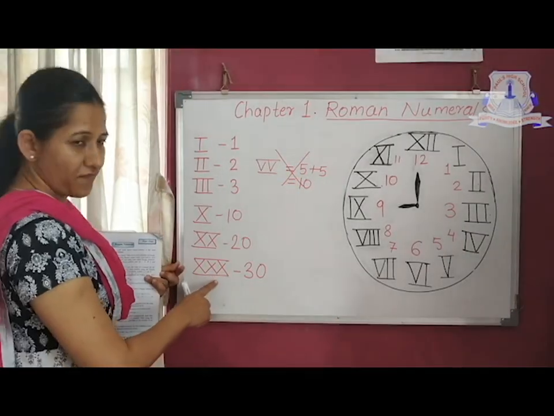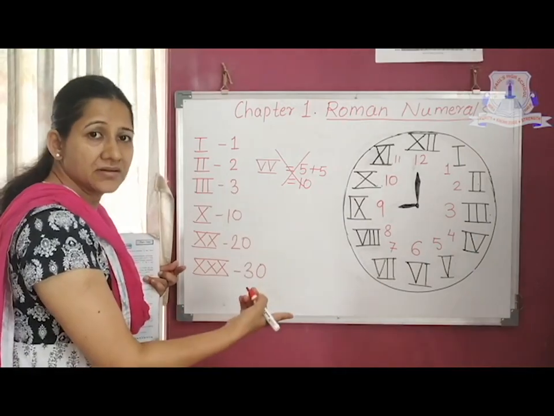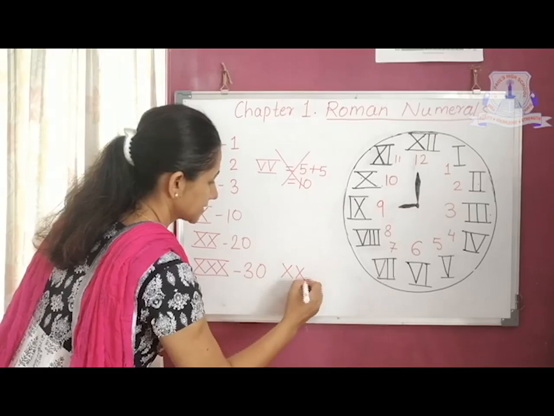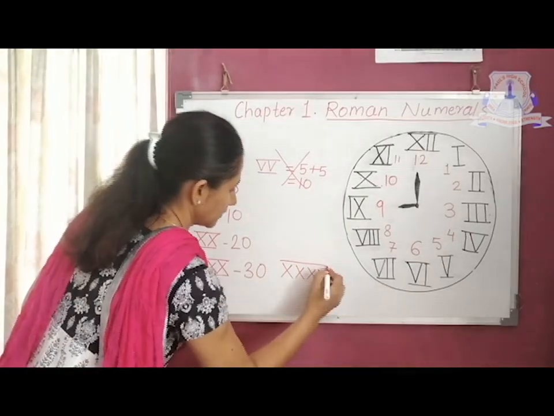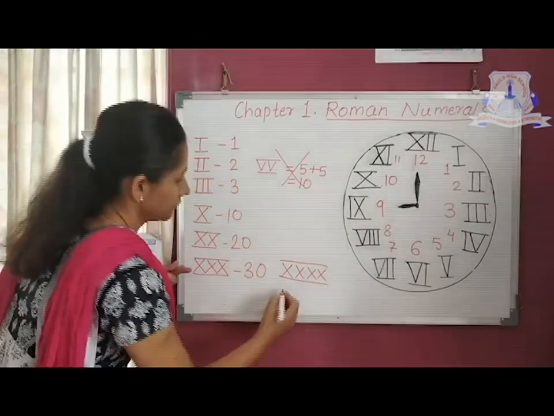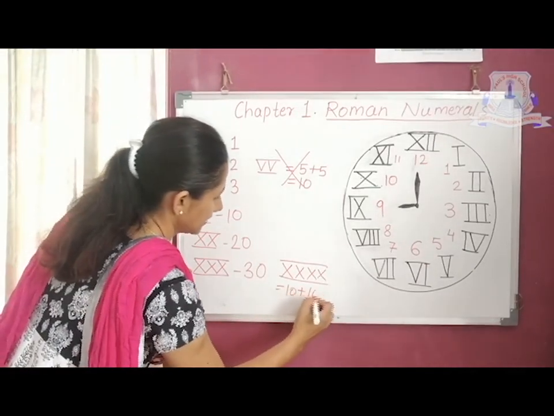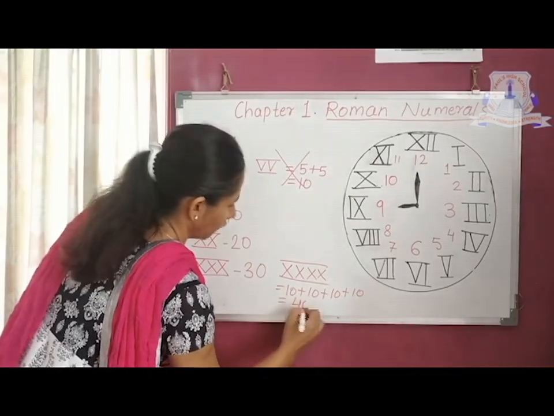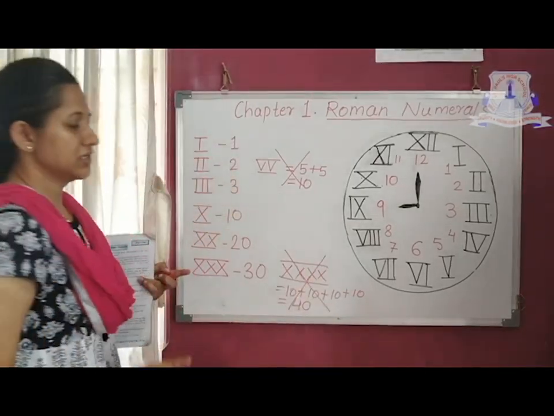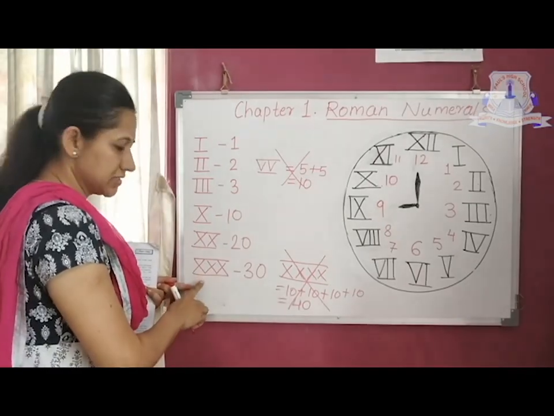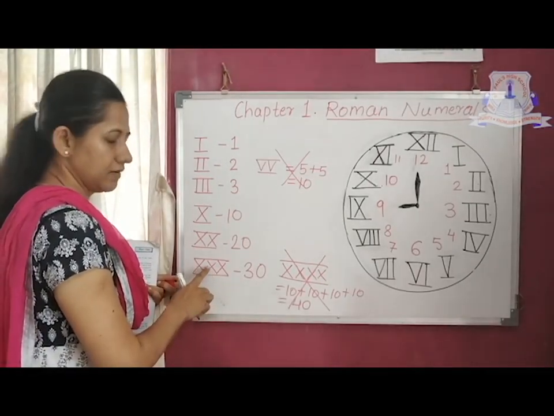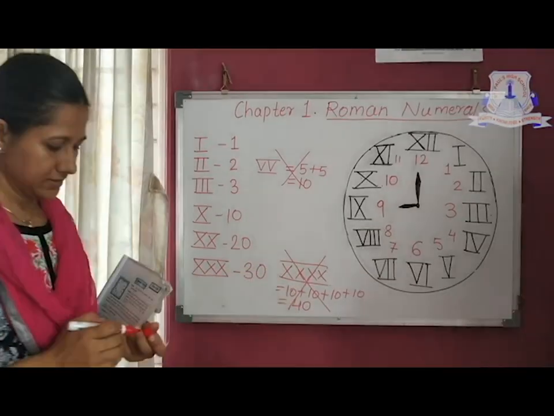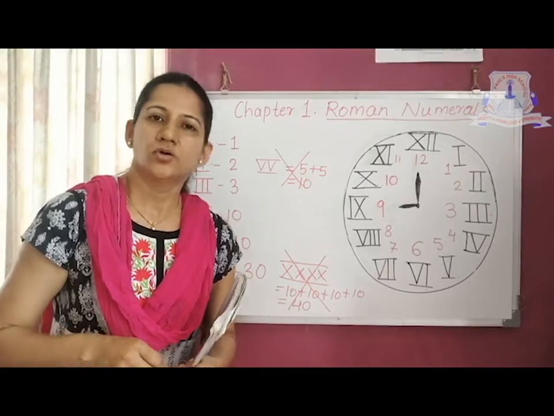In the same way, we cannot exceed thrice for letter X. So we cannot write X 4 times, which is 10 plus 10 plus 10 plus 10, equal to 40. So this is wrong. That means the letter X can be written only 3 times, not above that. Is that clear? So that's regarding rule 2.